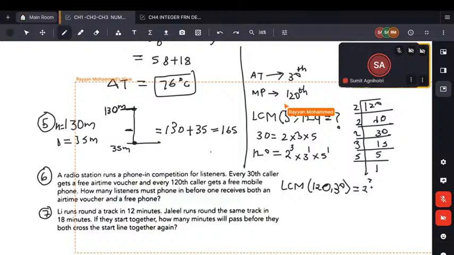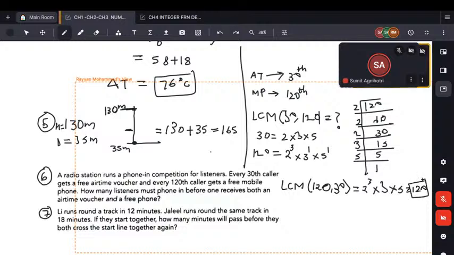You will take the highest power of 3, which is 1. You will take the highest power of 5, which is 1. 2 cubed is 8, and 15 8s are 120. That means he should call 120 times.